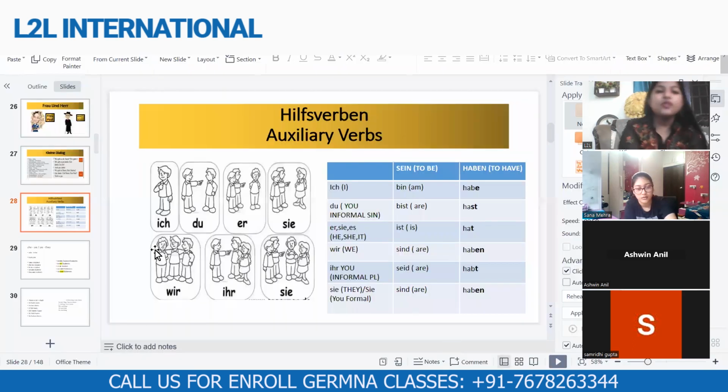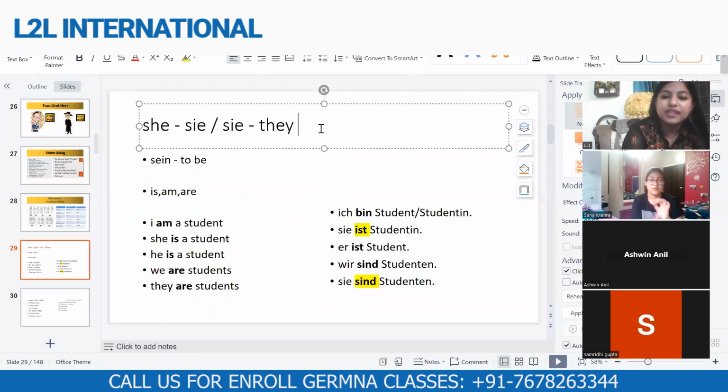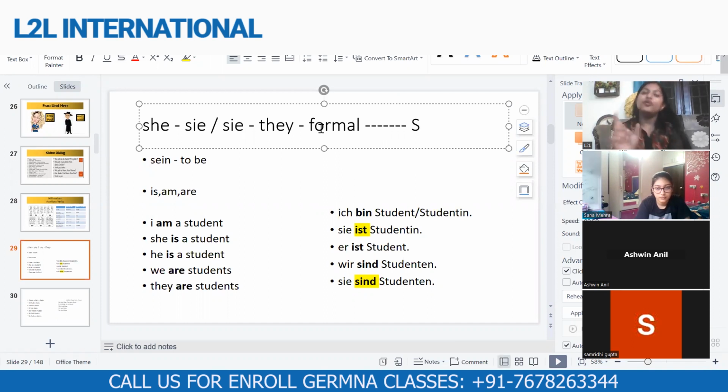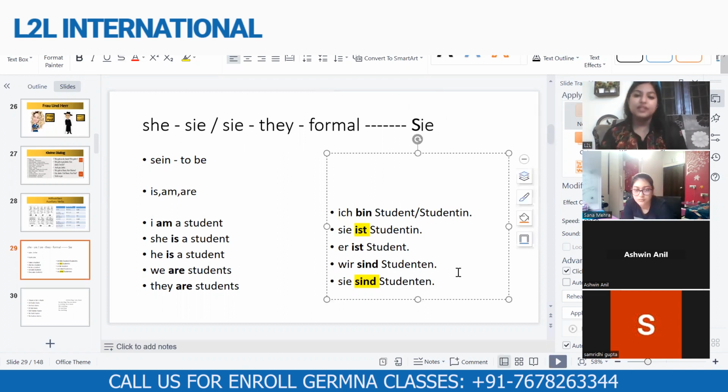Very good. So whenever you see that the Sie is indicating formal, it will always begin with a capital S. For any formal conversation, the subjects, basically the pronouns, begin with a capital S. So if the Sie is written in capital, you have to understand that it is formal Sie.